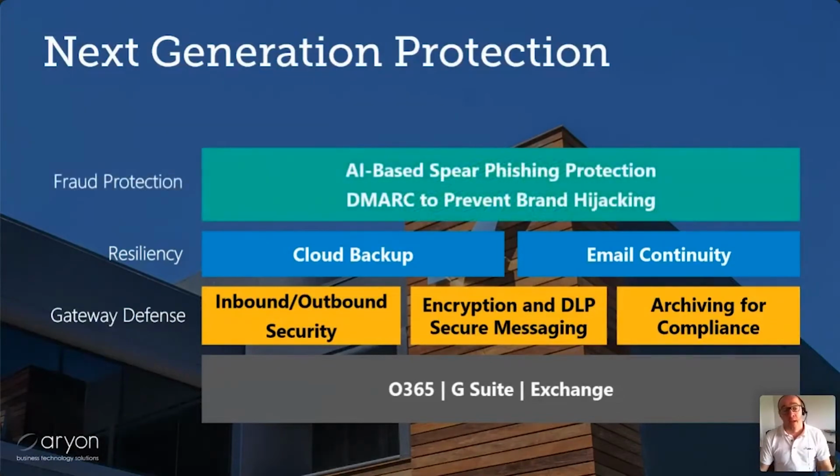And then next, our fraud protection layer. This is where you aim to stop the attacks that bypass the gateway, using that API inbox defense I just talked about, predicting how likely the email is to be from the person it purports to be from, using those individual identity graphs and learnings that we've built.